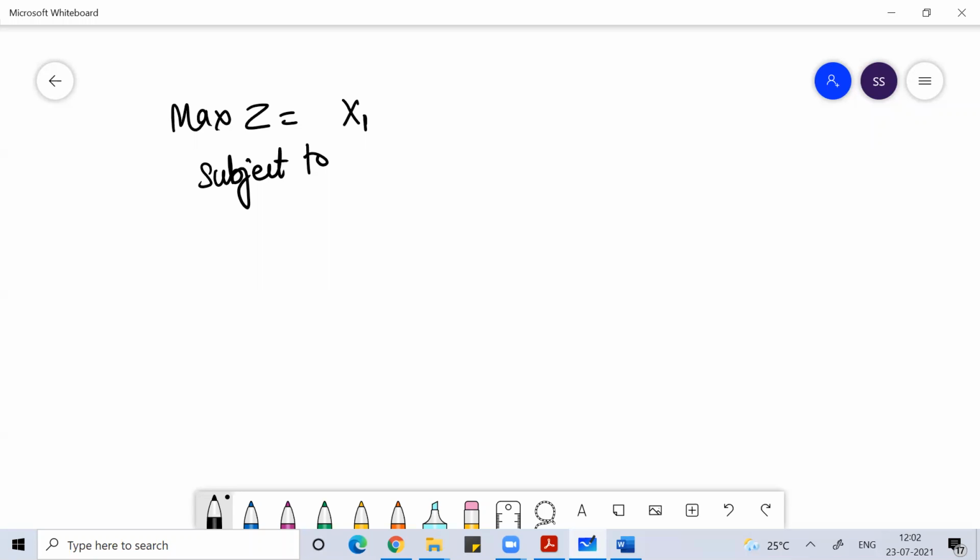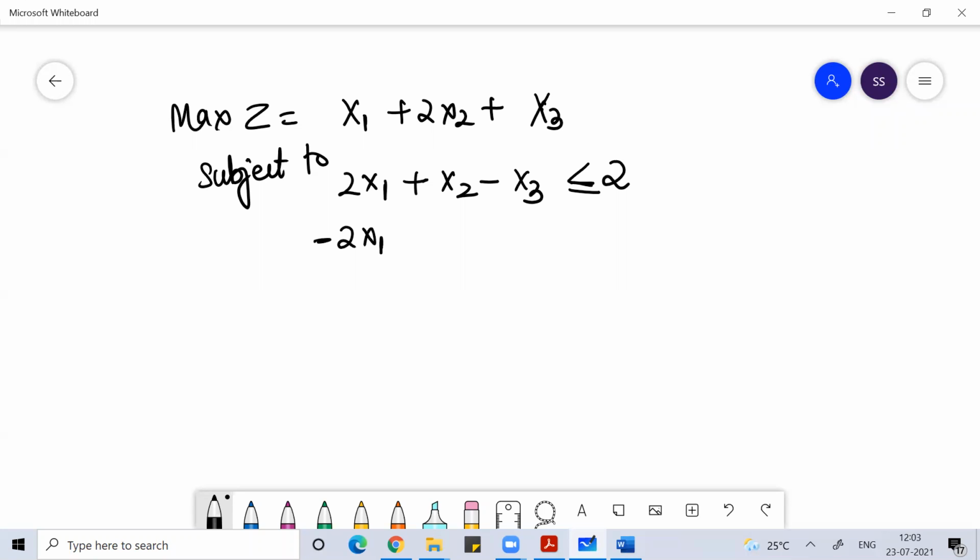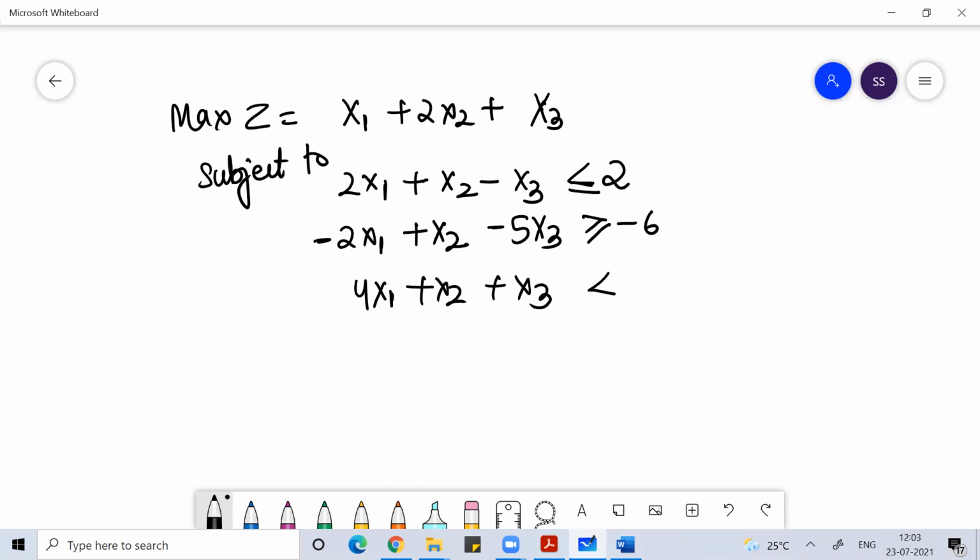The objective function is x1 plus 2x2 plus x3, and the constraints are 2x1 plus x2 minus x3 is less than or equal to 2, then minus 2x1 plus x2 minus 5x3 is greater than or equal to minus 6, then 4x1 plus x2 plus x3 is less than or equal to 6, where x1, x2, x3 are greater than or equal to 0.